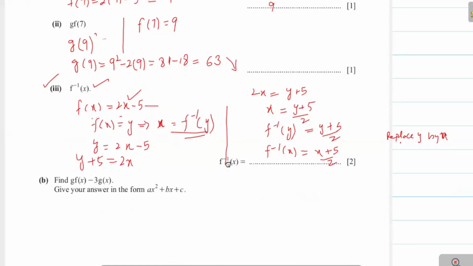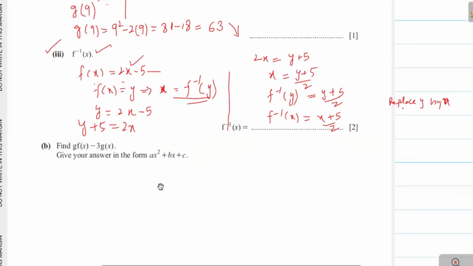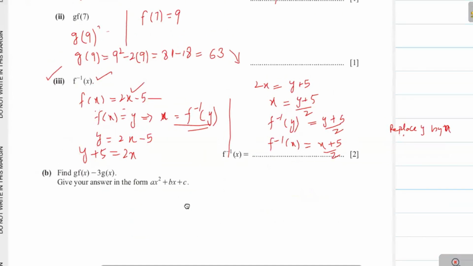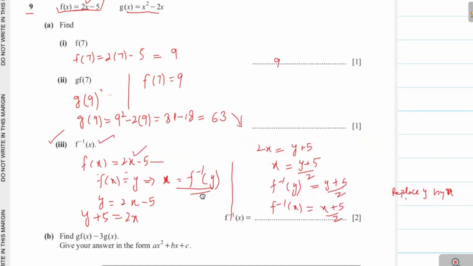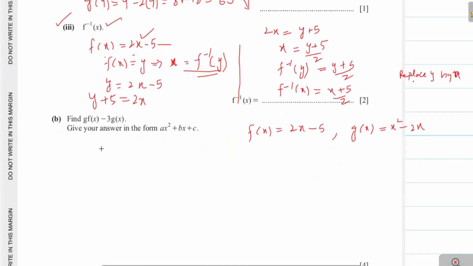This is the answer. Next, part B, gf of x plus 3g of x. Give your answer in the form ax squared plus bx. Look here, we can write gf of x, and f of x is 2x minus 5, so we write g of 2x minus 5, and minus 3 into g of x, which is x squared minus 2x.